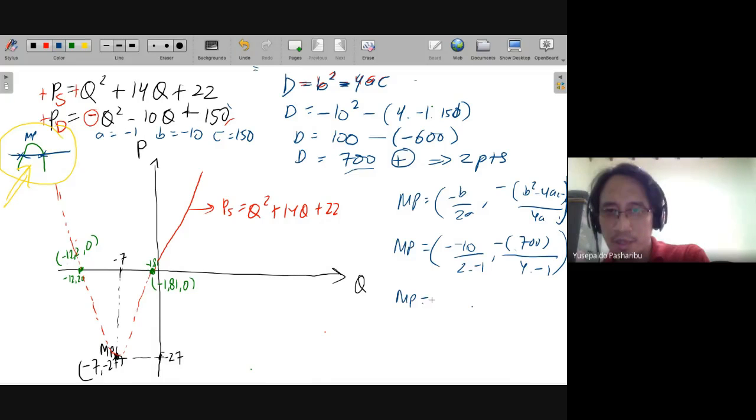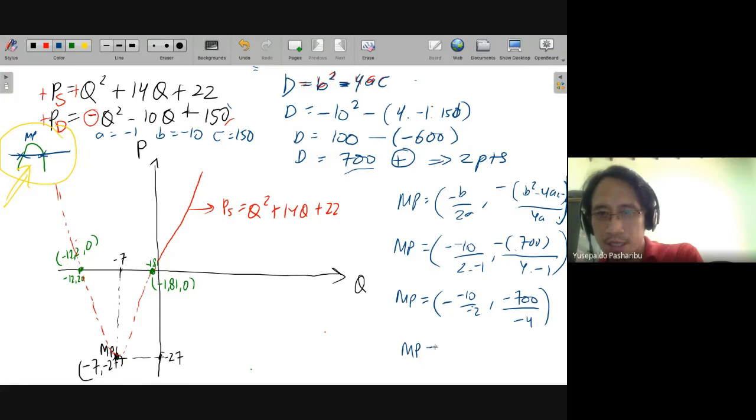So the maximum point is minus minus 10 divided by minus 2, and this one is minus 700 divided by minus 4.